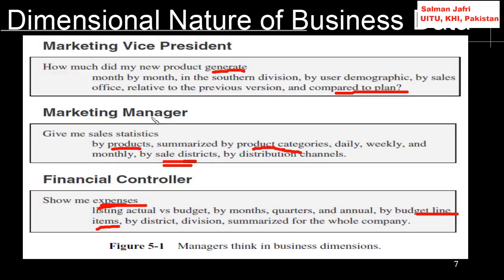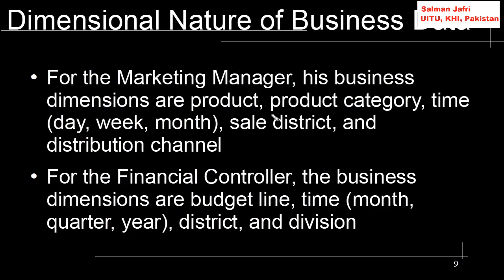Now let's talk about the marketing manager, right? The marketing manager is interested in the sales statistics, right? So for the marketing manager, his business dimensions are product category, time, sale district, and distribution channel, right?